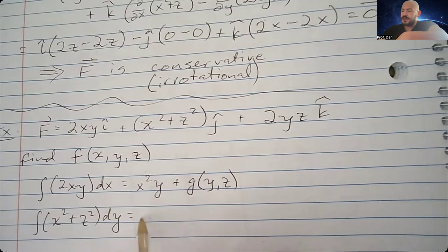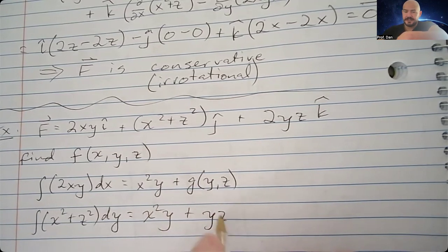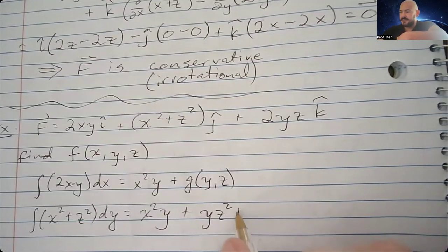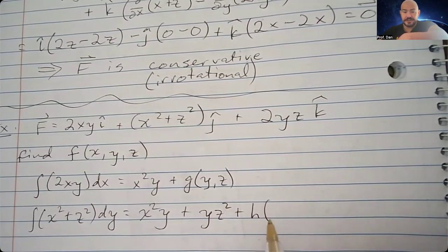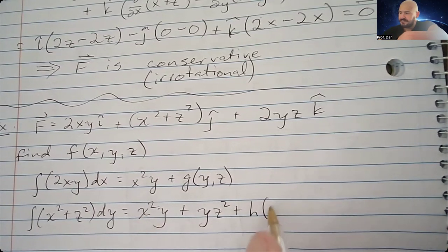So for that first term, I would get x squared y. For that second term, I would get yz squared. And then whatever my leftover function is can involve x and z.